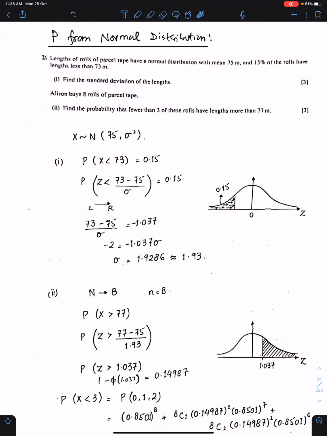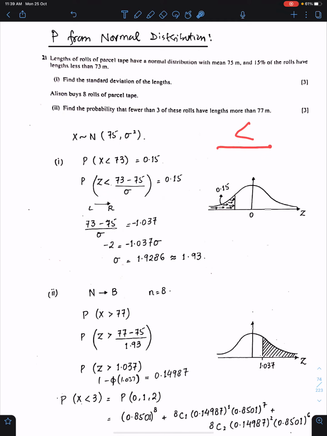So we will use z. We convert a statement from x into z with the help of this formula: x minus mu over sigma. So 73 minus 75 over sigma. You all know how to shade this probability. We shade this probability from lower to upper tail, because this is inverse normal.